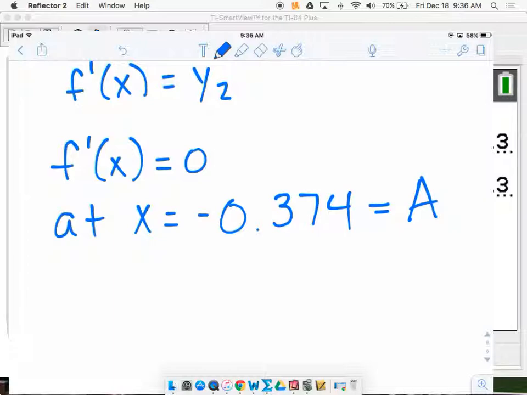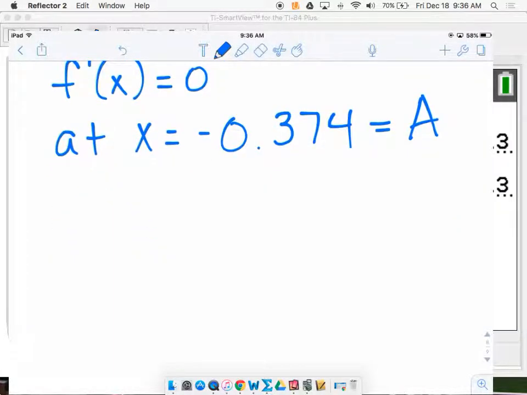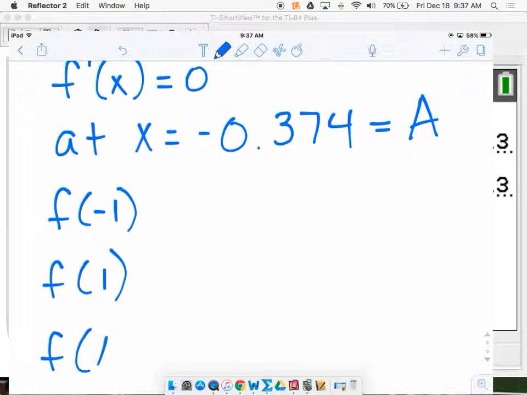So when you write it next on your paper, you're going to do f of negative 1, f of 1, and then f of A. So they know what this letter A stands for. A stands for this, and he found that by setting the derivative equal to 0. They're going to be able to follow your thinking process.